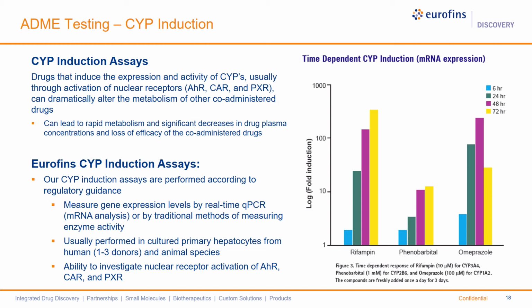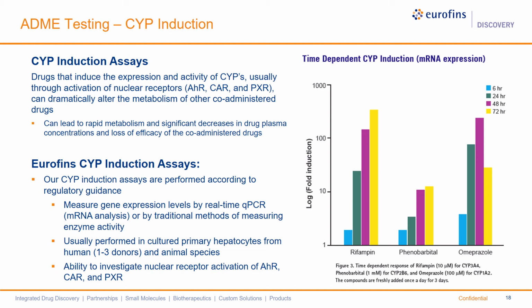And that's actually summarized in the graph on the right-hand side here, where one sees a time-dependent induction of CYP expression at the level of mRNA that is caused by the various drugs that are shown. So for example, looking at rifampin here, one can see that over the time course from 6 hours to 72 hours, there is a dramatic increase in the expression of the CYP3A4 gene in this particular case.